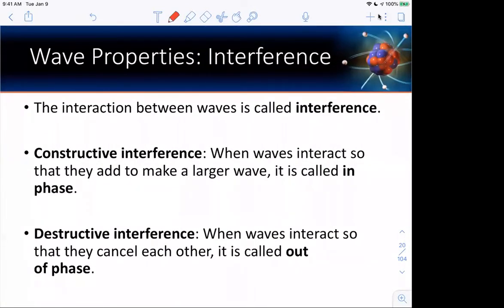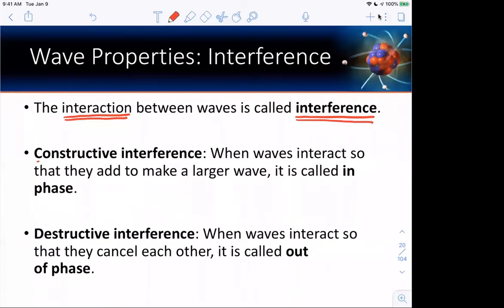Let's talk about the properties of waves. One property of waves is interference. When two waves interact with each other, I can get something called interference. There are two types of interference that can occur.